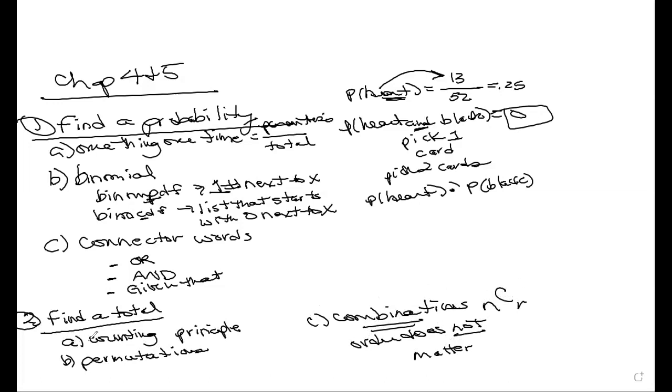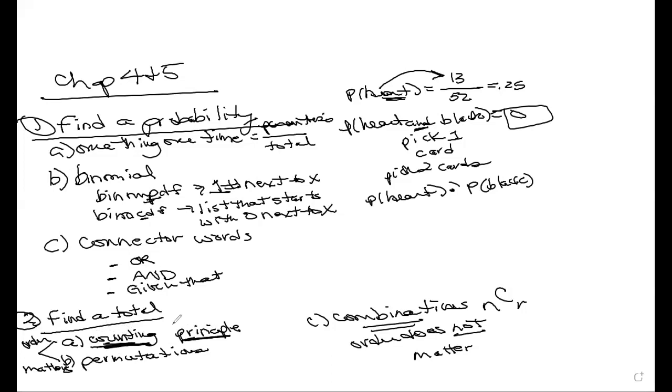Remember, on both of these, order matters. And if you're not sure which one to pick, always pick the counting principle, because the counting principle can handle replacement or no replacement. It can handle special conditions or no special conditions.